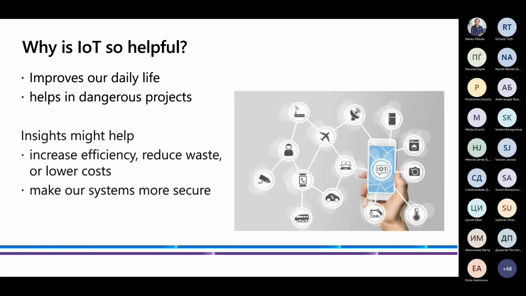These insights can help increase efficiency, reduce waste, or lower costs. Alternatively, it might make smart spaces more secure because it will be more possible for IT employees to understand the data and detect security gaps.